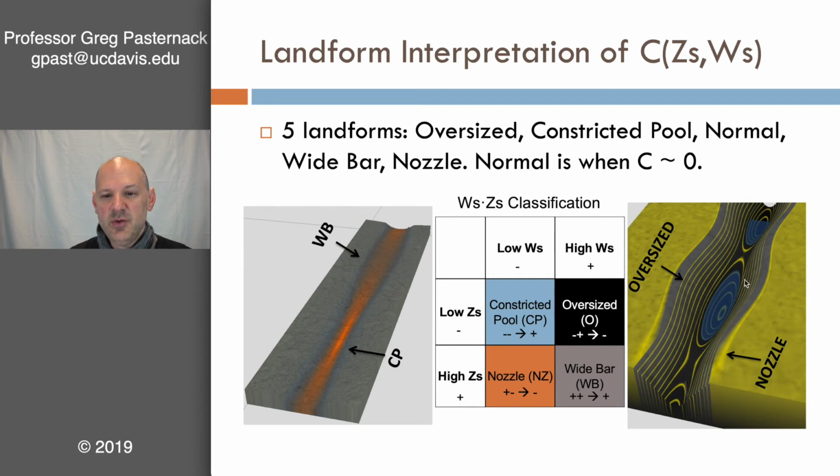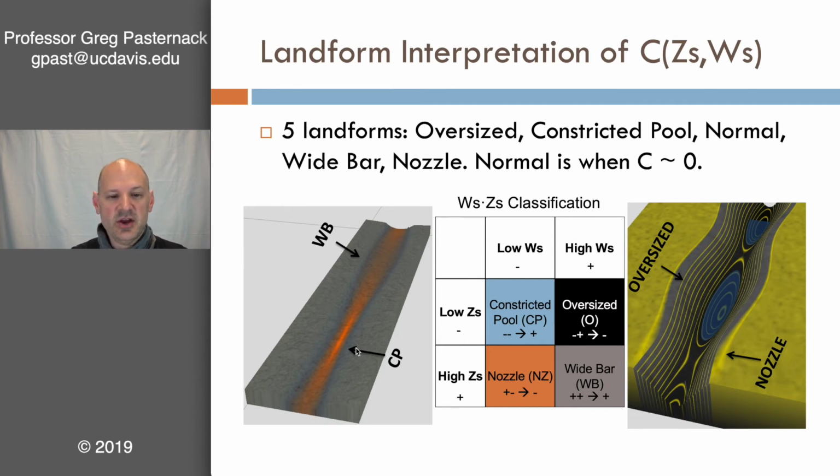Similarly, if you are oversized, you're low. Now you have a low bed elevation because you're deep, and you're wide. So now we have a high width and a low bed elevation. Negative times positive, when we make a product of those two numbers, is going to give us a negative. As you can see, oversized and nozzle are the 2 negative covariance landforms.